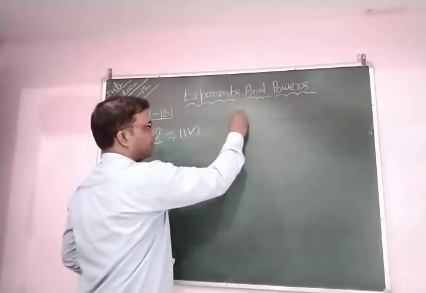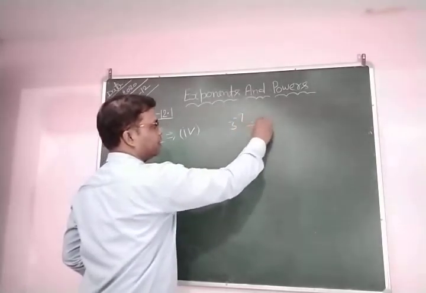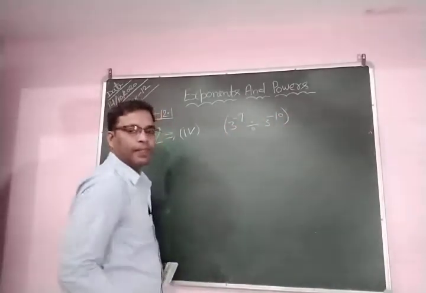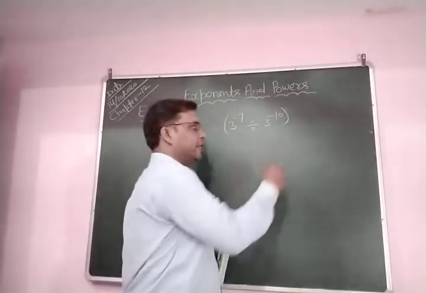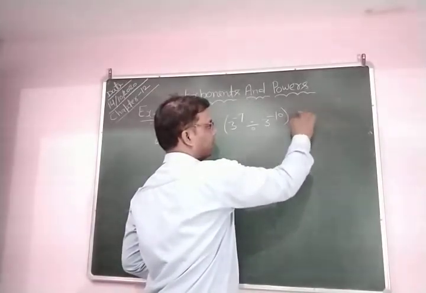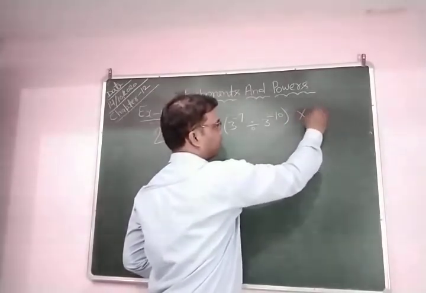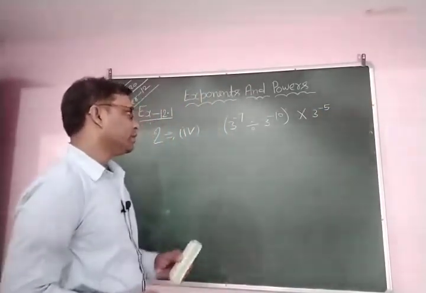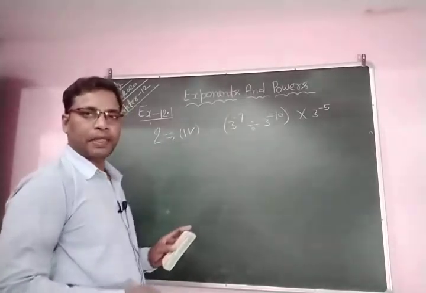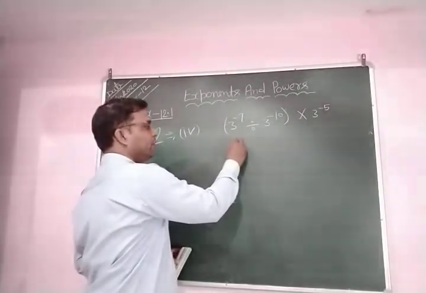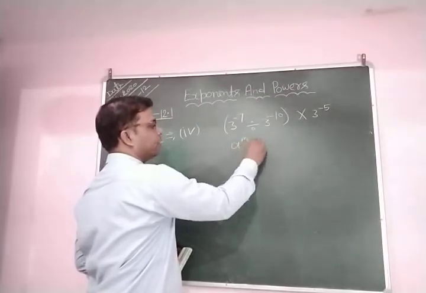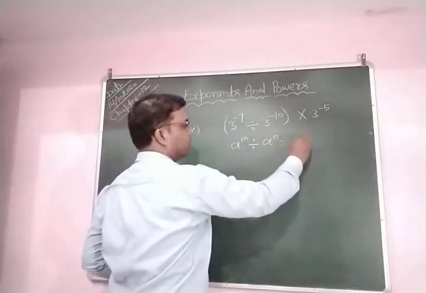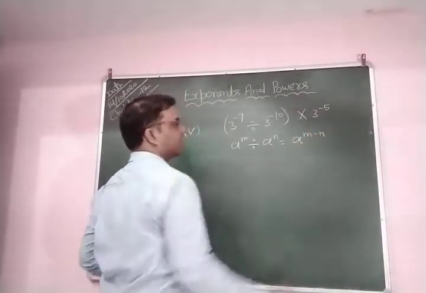3 power minus 7 divided by 3 power minus 10, into 3 power minus 5. Clear? Now, you can see first this is a case of division. You know very well, if a power m divided by a power n, this is equal to a to the power m minus n.